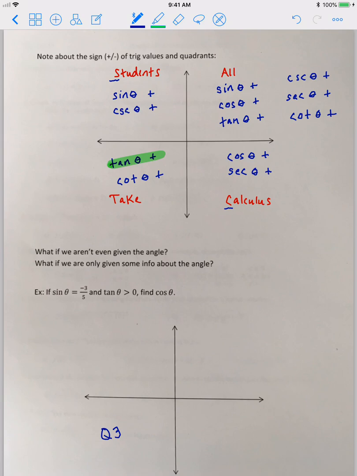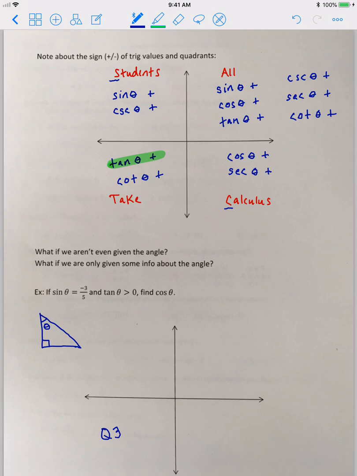So I need to remember what the values are on a right triangle. If I'm talking about sine of theta, I could just choose whatever side, whatever angle I want to label theta. I'm going to label the top corner theta.